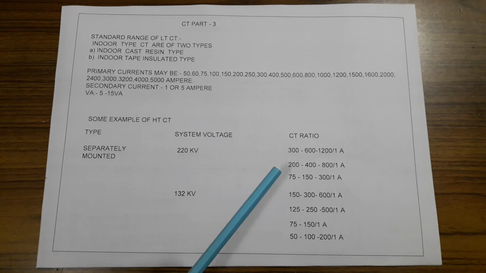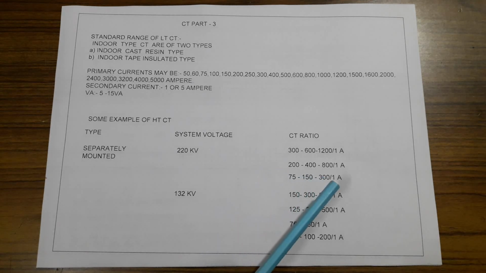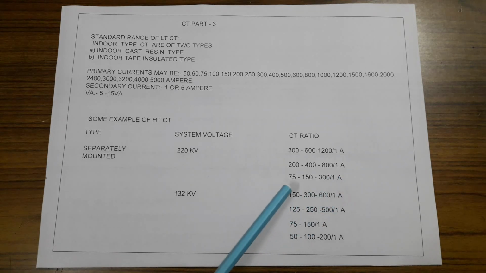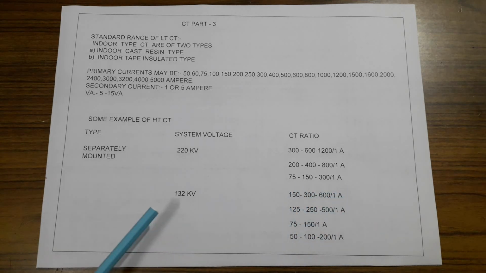Next, primary current 200, 400, 800, and the secondary current is 1 ampere, and primary current 75, 150, 300, and the secondary current is 1 ampere.